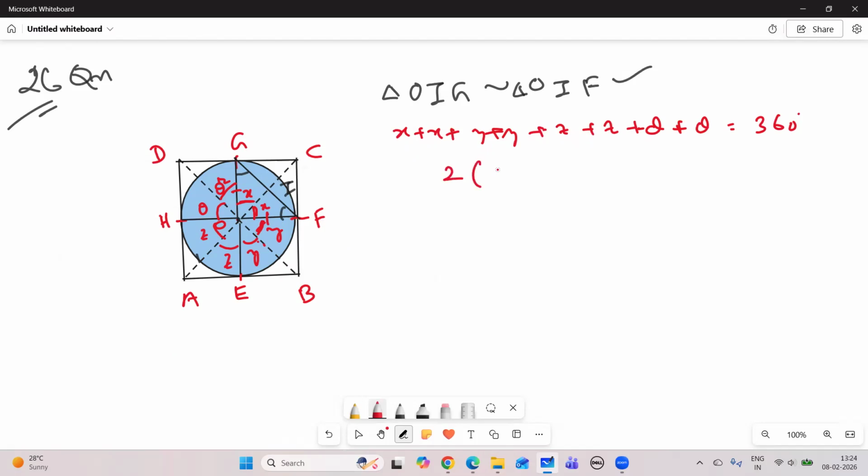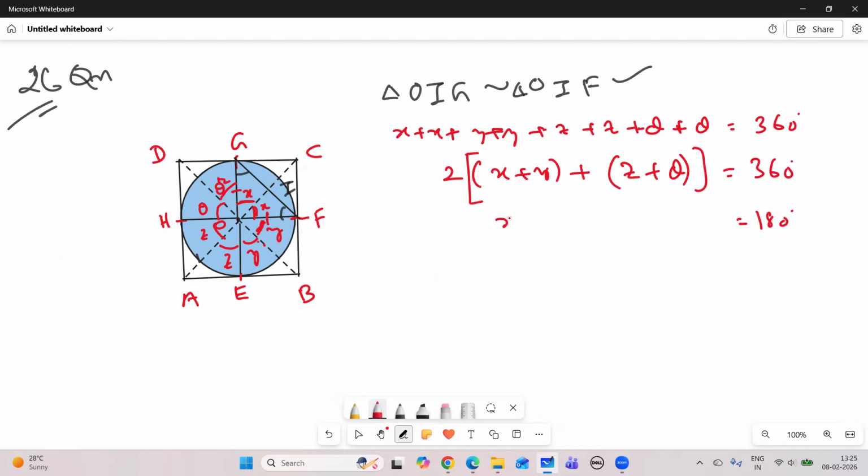Therefore, 2 is common into x plus y plus z plus theta is equal to 360 degrees. So 2 cancels in this, 180 times.